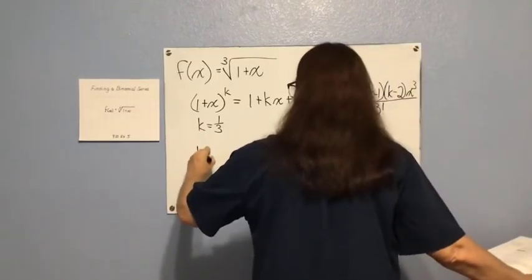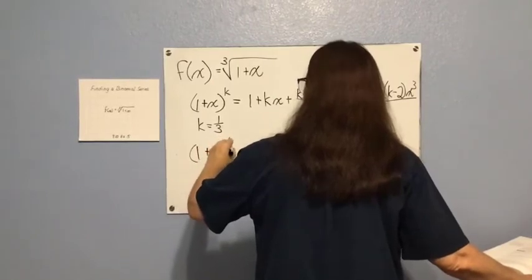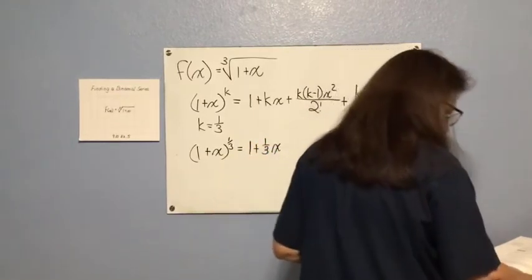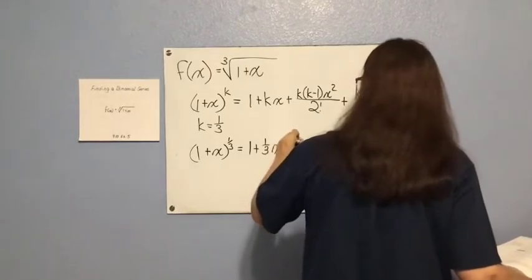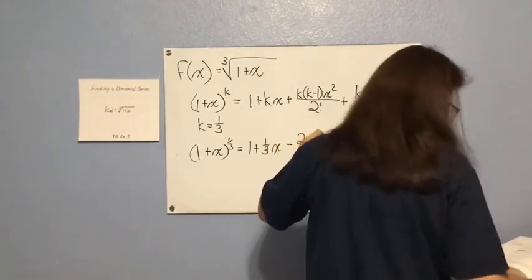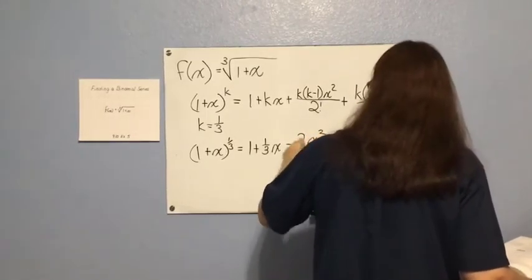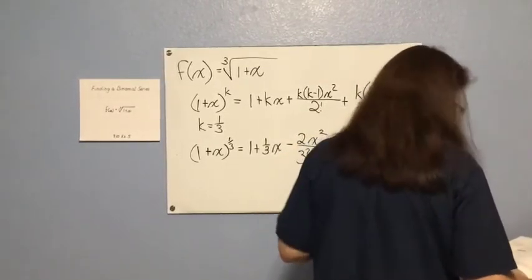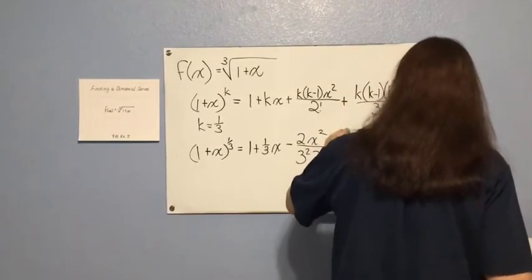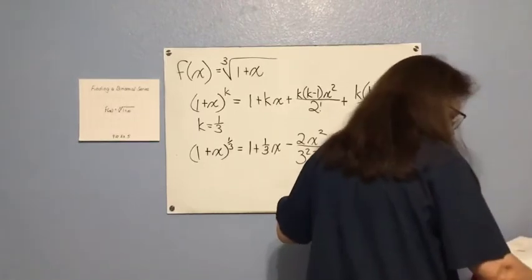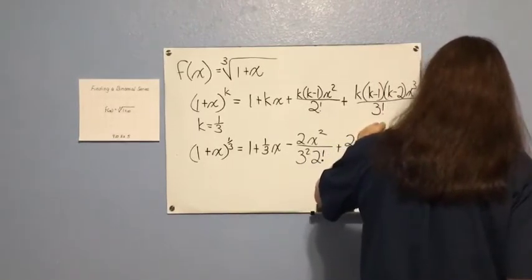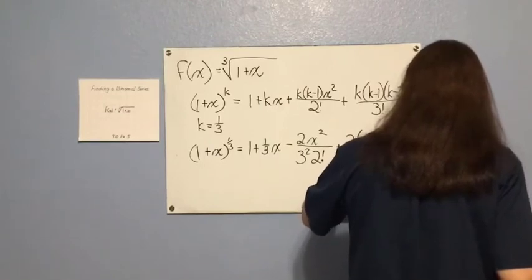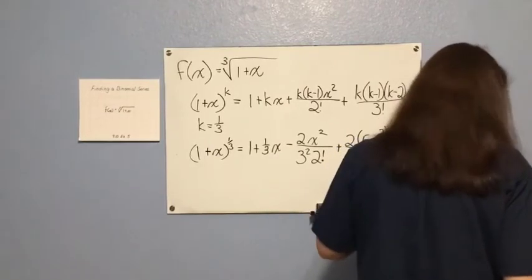And we're going to say 1 plus x to the 1/3 power is equal to 1 plus 1/3 of x minus 2x squared over 3 squared times 2 factorial, plus 2 times 5x cubed over 3 cubed times 3 factorial.